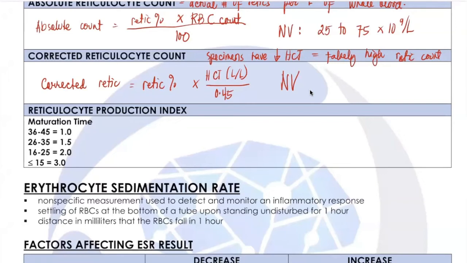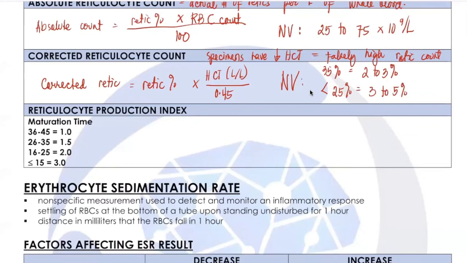If the hematocrit level of the patient is at least 35%, dapat yung normal value niya for the corrected reticulocyte count is 2 to 3%. But if the hematocrit of the patient is less than 25%, then the normal value for the corrected reticulocyte count is 3 to 5%.